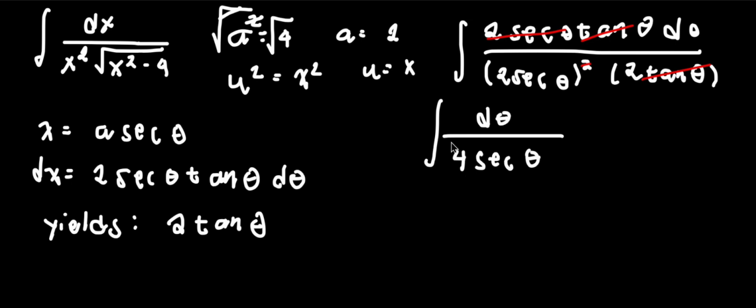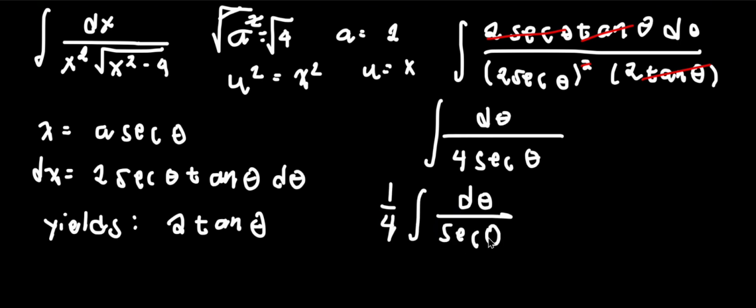Well, since may constant sa loob, pwede natin siyang ilabas. So 1/4 integral of d theta all over secant theta.